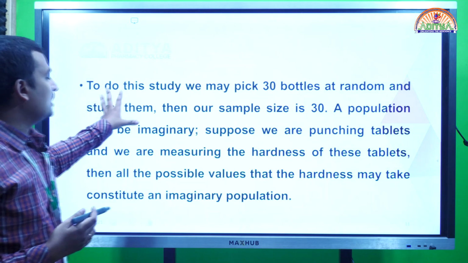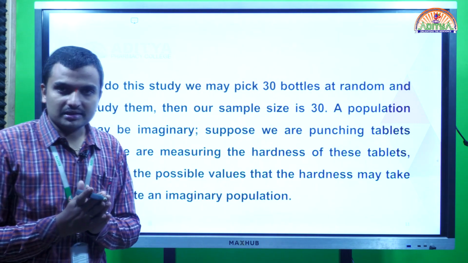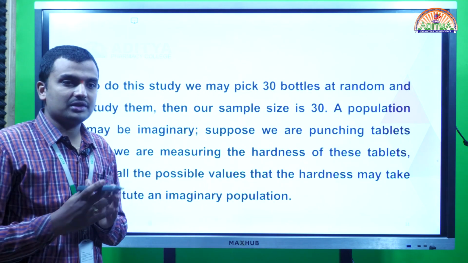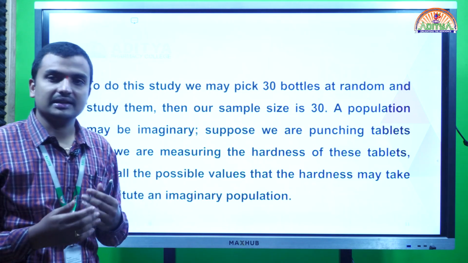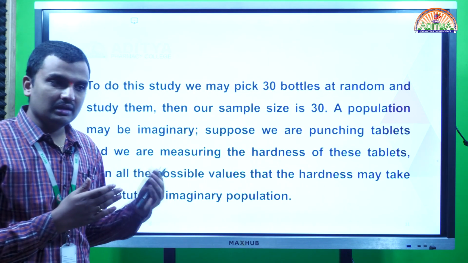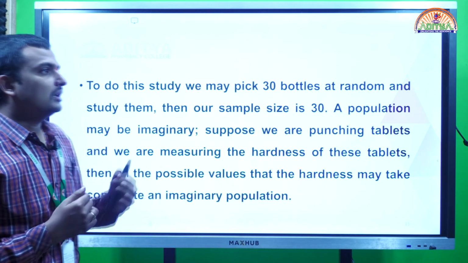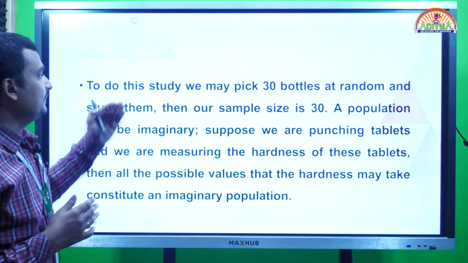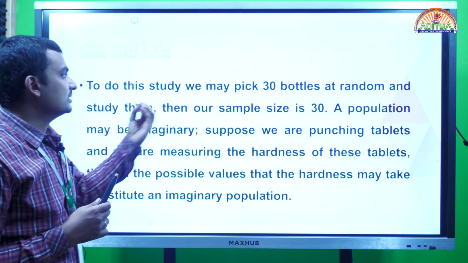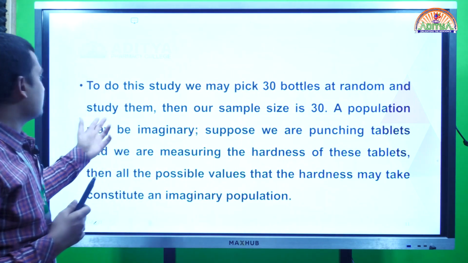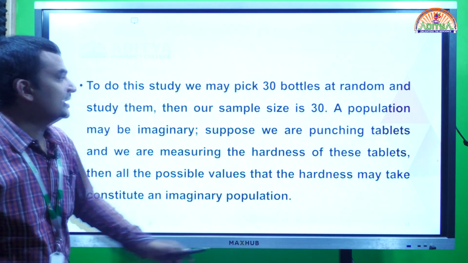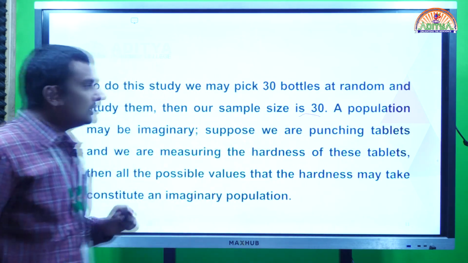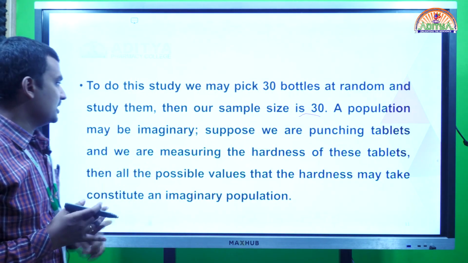As we discussed, there are 1 lakh bottles, the population size, to study the quality control of the large empty vials. If we pick 30 bottles at random and study them, our sample size will be 30. A population may also be imaginary.